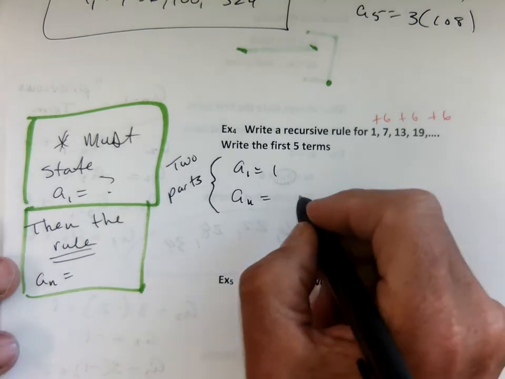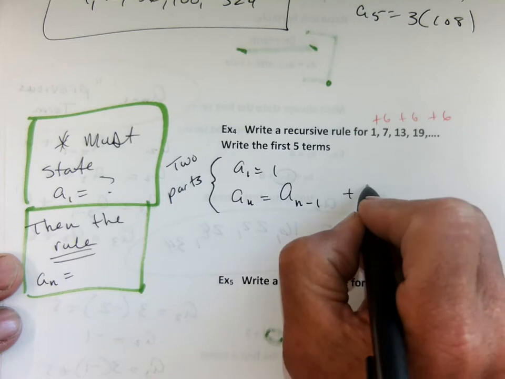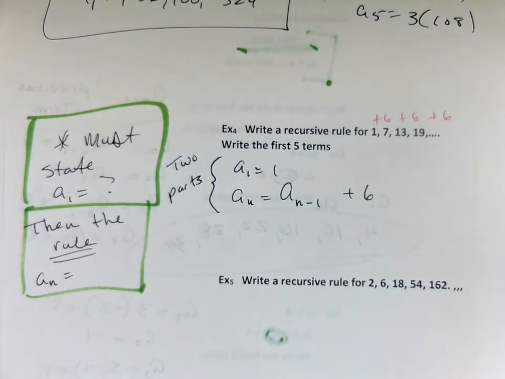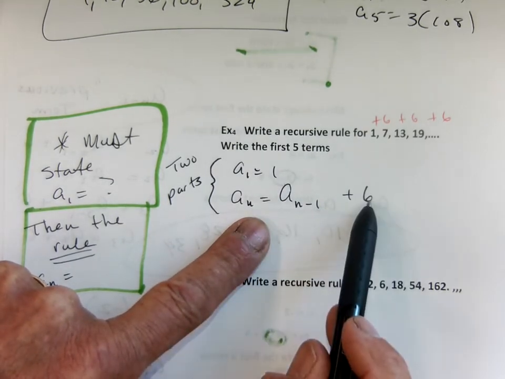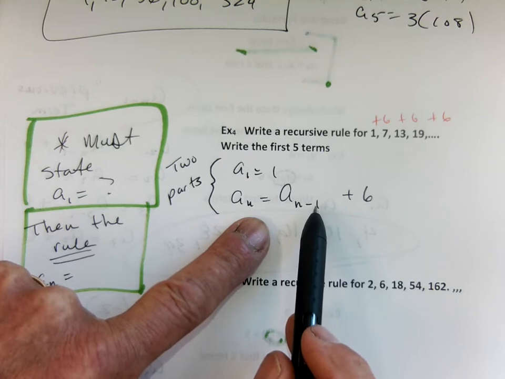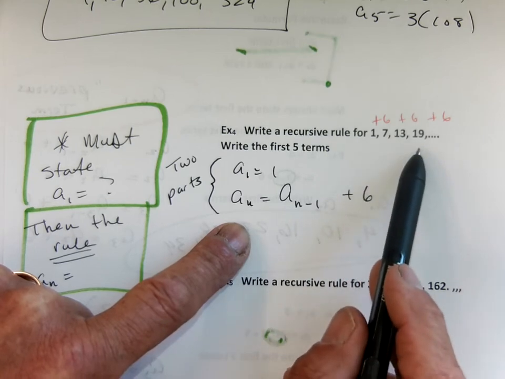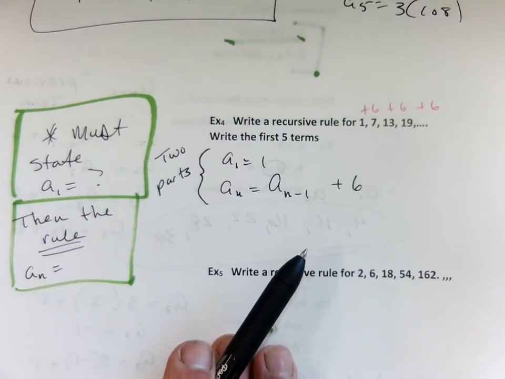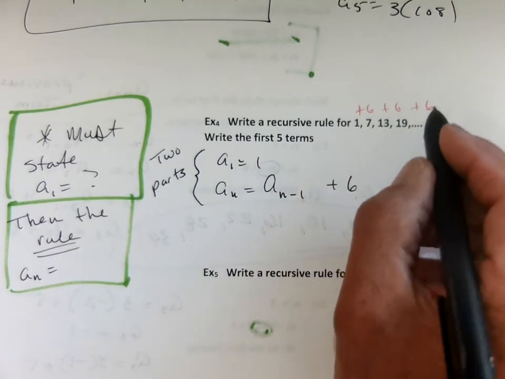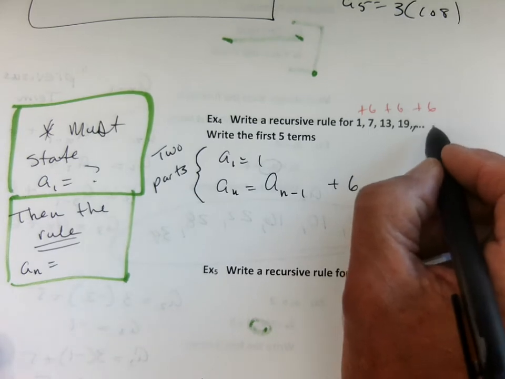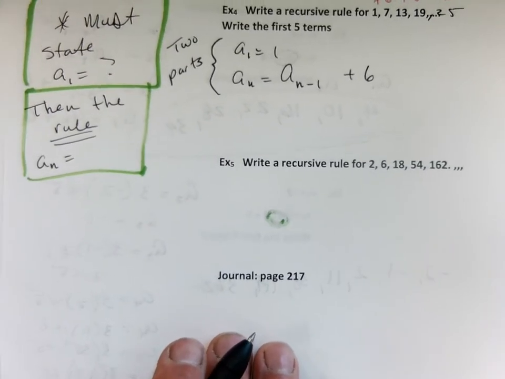So we're going to take our previous term and add 6. To make the next term, take the previous term, 1, and add 6, we get 7. To make the next term, take your 7, add 6 to it, makes 13. Take your 13 plus 6 makes 19, so forth and so on, okay? 1, 2, 3, 4, and the fifth term is, if I add 6 to that, it's going to be 25, right?